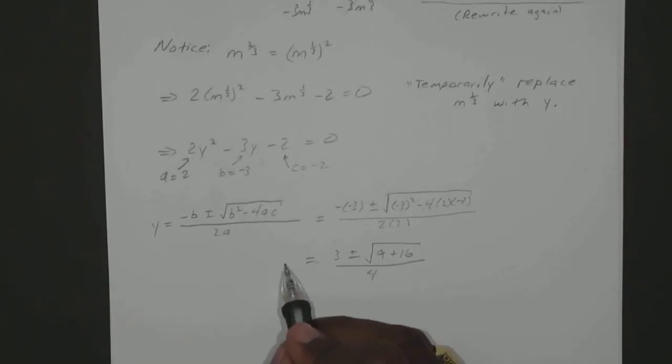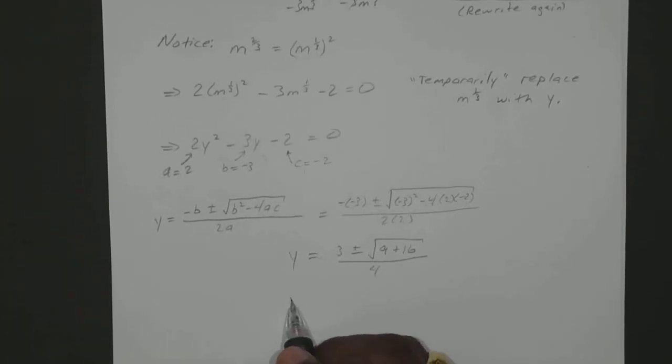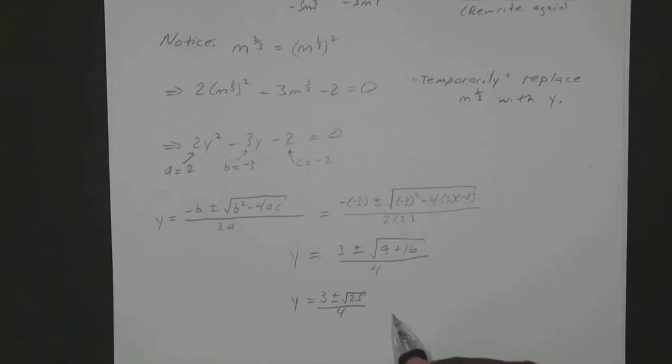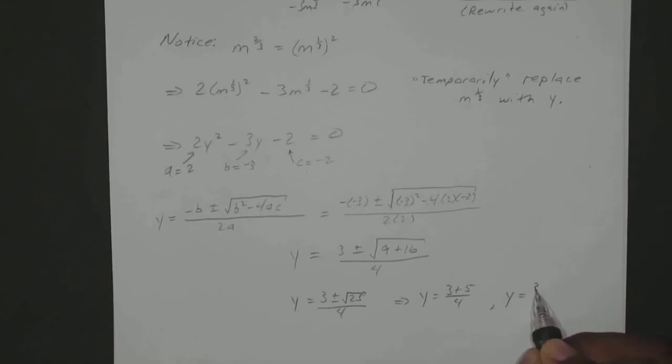Let me put my y here. Okay, so that means y is equal to 3 plus or minus the square root of 25, over 4. Okay, so that gives us y equals 3 plus 5 over 4, or y equals 3 minus 5 over 4.